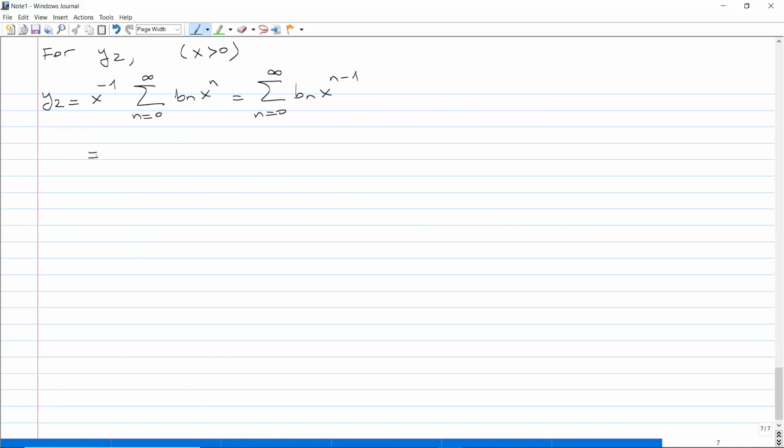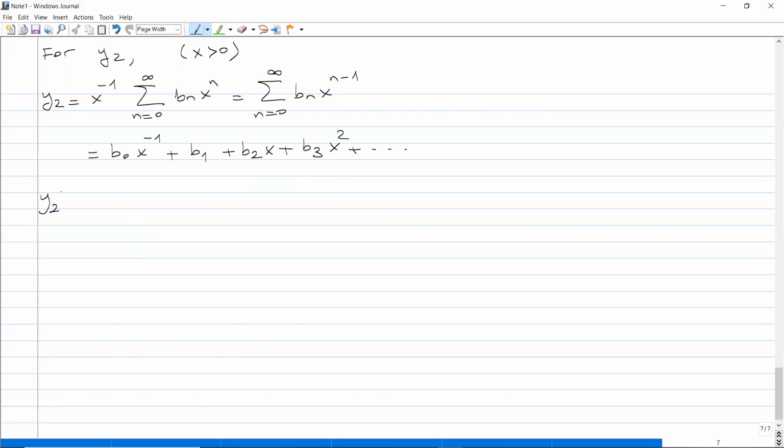Since the exponent is an integer here, we need to be a little bit careful. For n equals 0, I have b0 x to the minus 1. But for n equals 1, I have b1 x to the 0, which is 1. So the next term is constant. b2 x, b3 x squared, and so on.